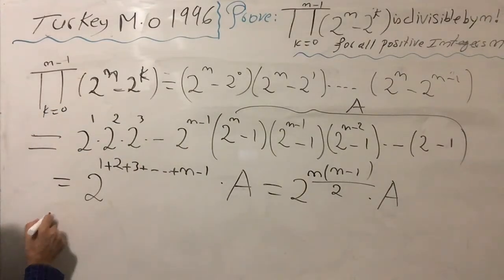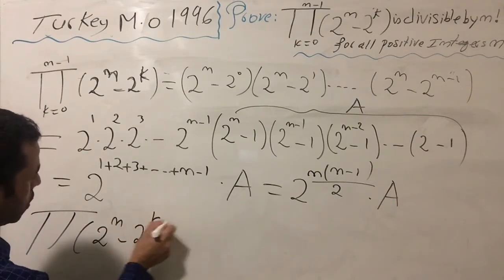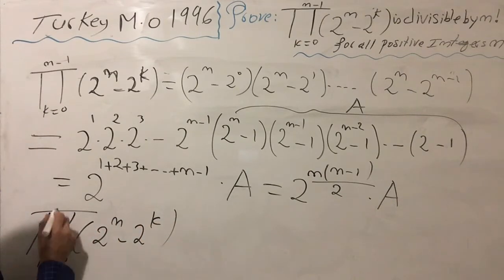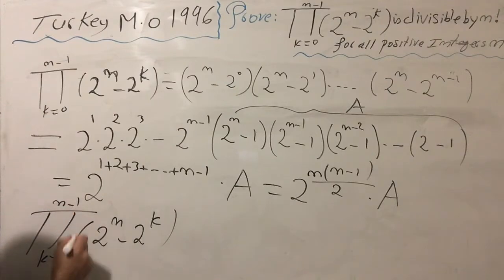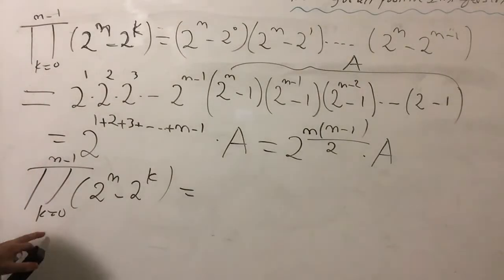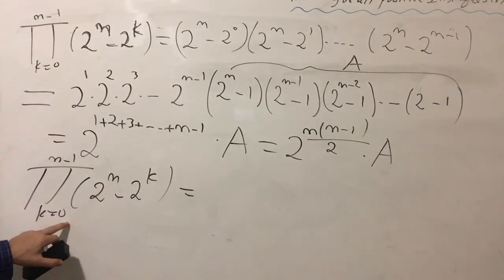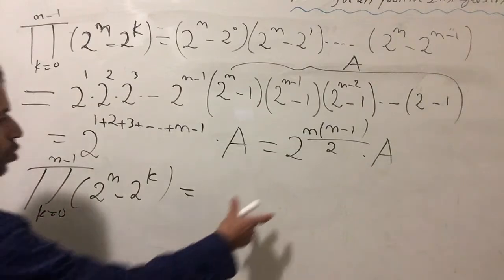So this product, 2 to the n minus 2 to the k, as k goes from 0 to n minus 1, is equal to this one.